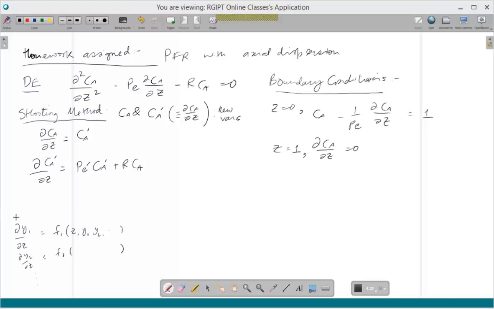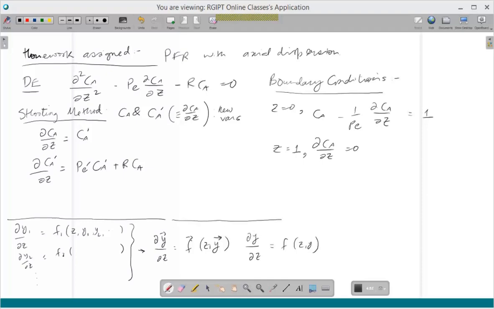Essentially this is a vector equation, and concisely it can be written as del y by del z equal to f vector of z and y. It is just an analog of the one-dimensional case, which reads del y by del z equal to f of z comma y, where y is just one scalar. Here I have multiple dependent variables y1, y2, etc., and the right hand side depends on z and on y1, y2 as well.